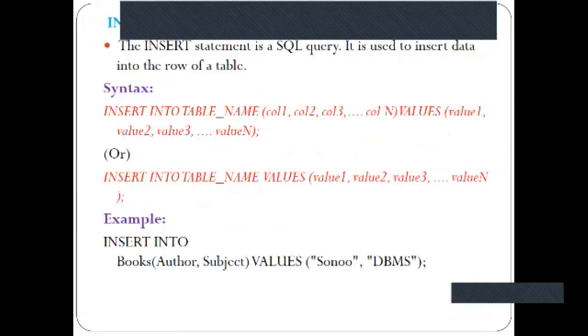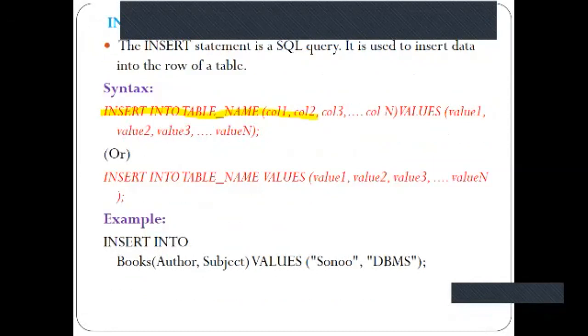Next, first we'll see insert. As we said, insert is used to insert the data in the database. So let's see the syntax. Insert into table name, and you can write the syntax in two ways.